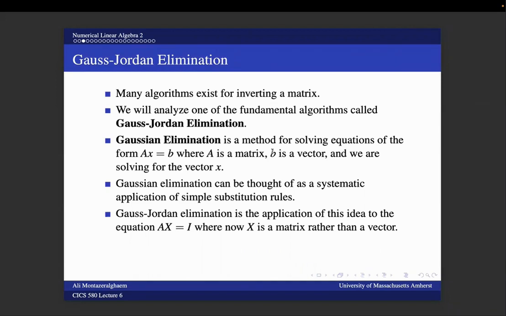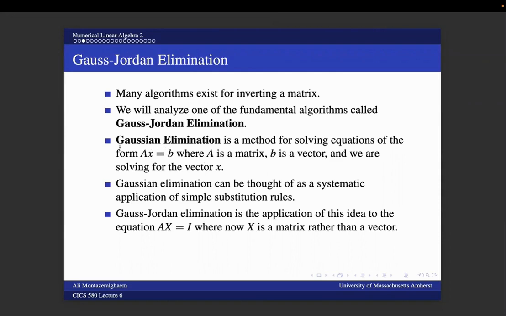Before that, we want to introduce a simple version of this algorithm, which is Gaussian elimination. This algorithm can be used for solving the equation A times X is equal to B, where A is a matrix and B is a vector, and we want to find the solution for X in this equation.